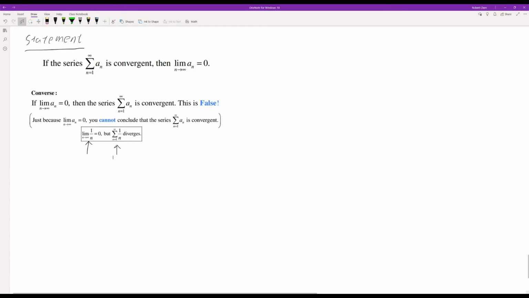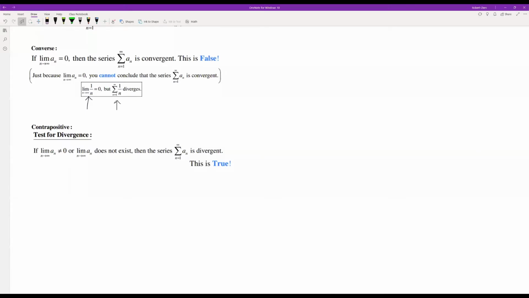But what we're more interested in is the contrapositive, which gives us a very nice property. The contrapositive is also something we can use, called the test for divergence. If the limit of the sequence is not 0 or does not exist, then the series is going to diverge.